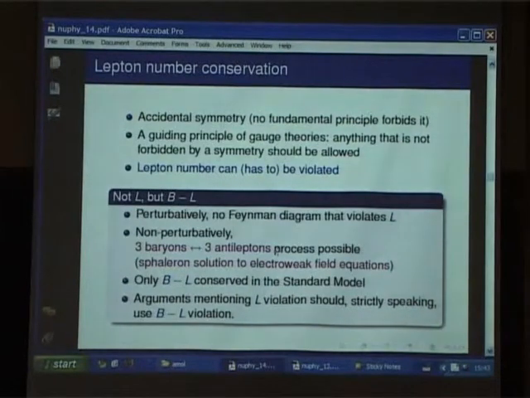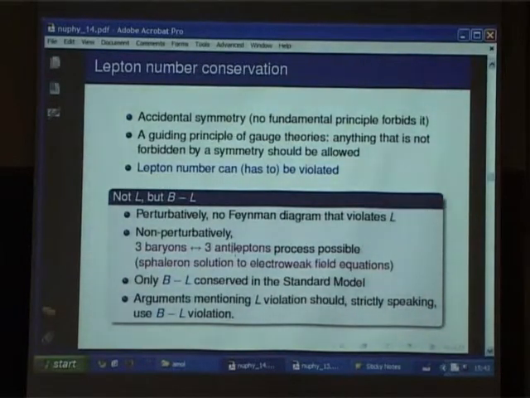You can write down the equation of motion, but it is rather complicated. You see that it actually involves baryons and leptons, so it's not simple. What are those 3 baryons? Any 3 baryons, any 3 antiparticles.